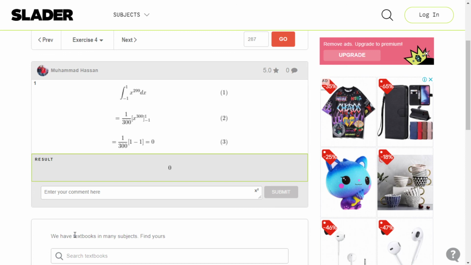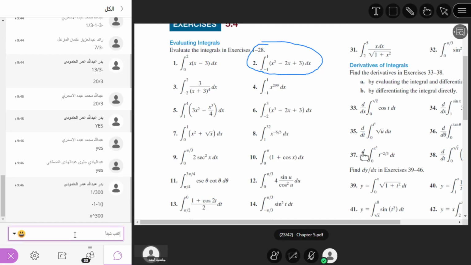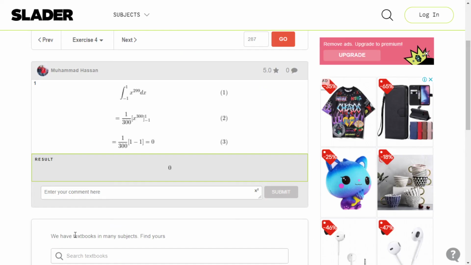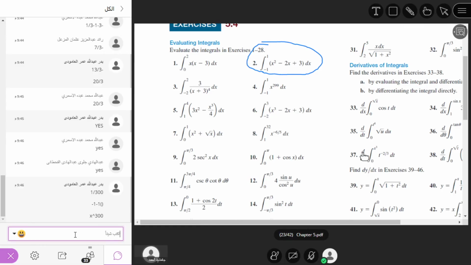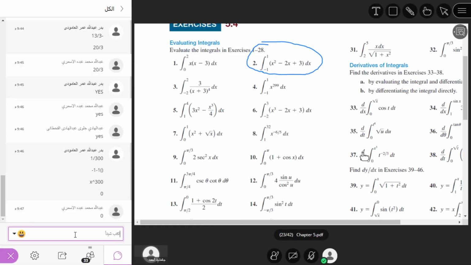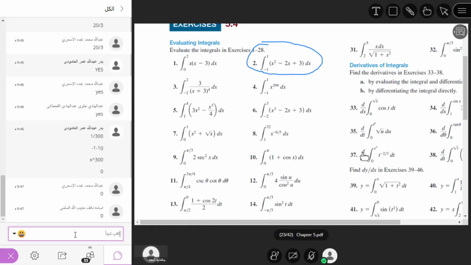Now we put upper limit 1, so the answer becomes 1 divided by 300 minus. Now minus 1 power 300 is 1, so again 1 divided by 300. So the final answer becomes, I think, 0.